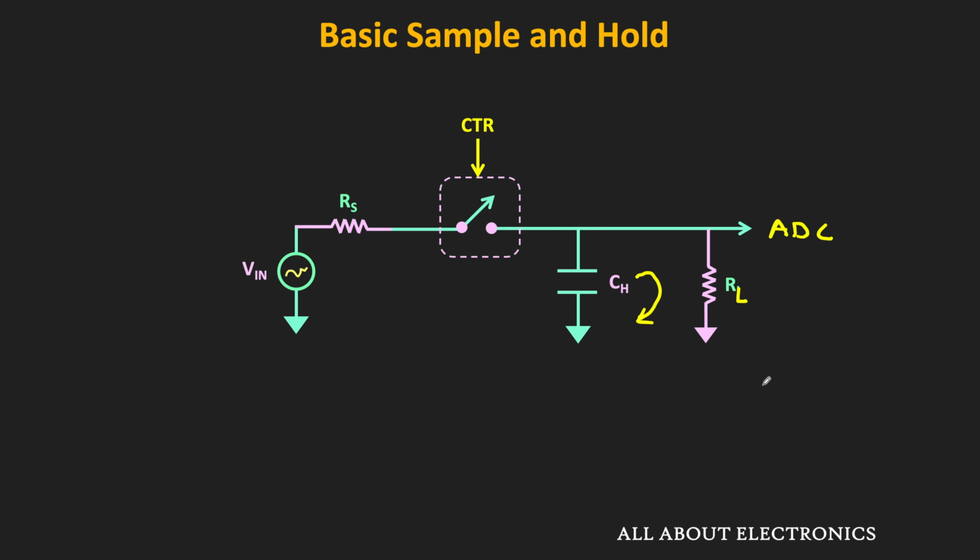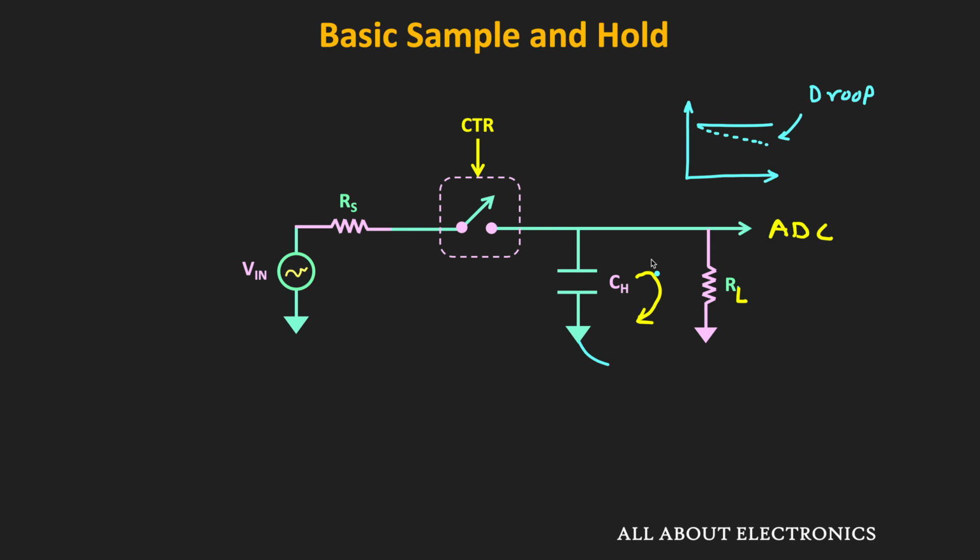If that is not very high, then we might see a faster discharge of the capacitor. Ideally, the voltage across the hold capacitor should remain constant during the hold period. But because of the faster discharging of this capacitor, we will see a drop in the voltage across the capacitor, and this phenomenon is known as the droop. We will discuss this phenomenon later on.